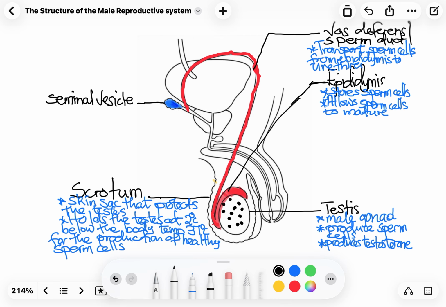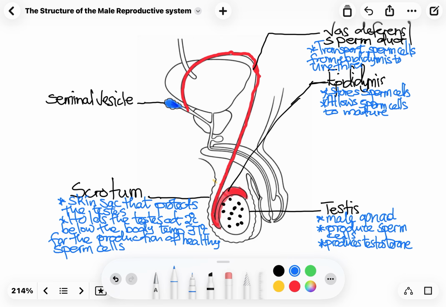Remember, they are supposed to move from the vagina where they're deposited through the uterus into the fallopian tube where fertilization is expected to take place. They can only do that, number one, if they're healthy, and number two, if they possess some energy. Some of that energy is provided by the fluid produced by the seminal vesicle. This fluid is known as seminal fluid.